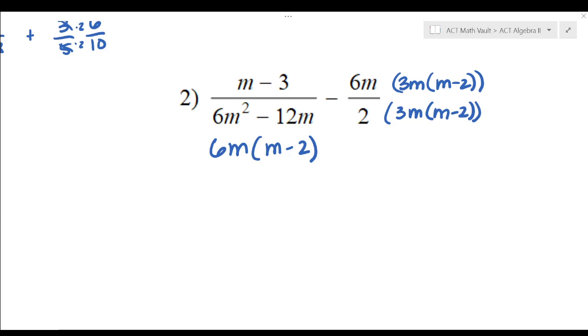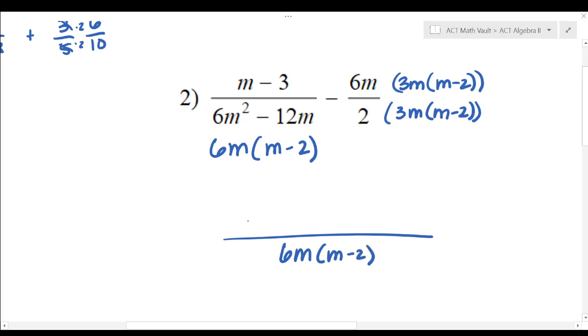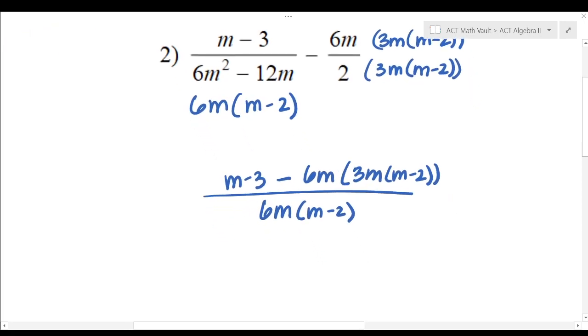Okay, so let's write that. We have 6m, m minus 2. Up top, we have m minus 3 minus, we have to be so careful right there, 6m times the quantity 3m, m minus 2. So I'm going to have m minus 3 minus.